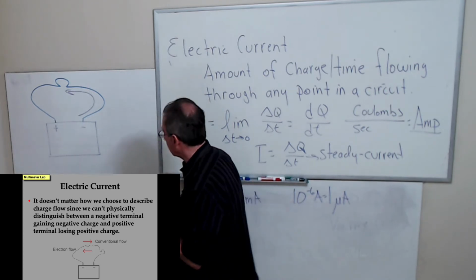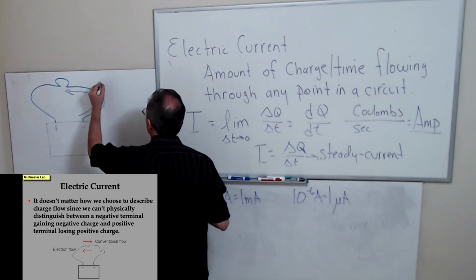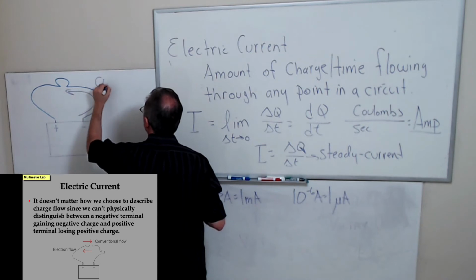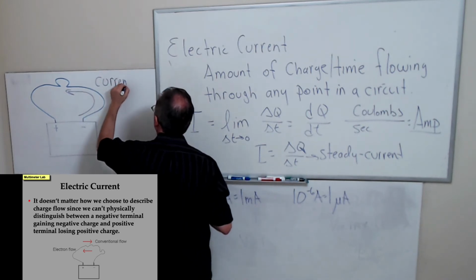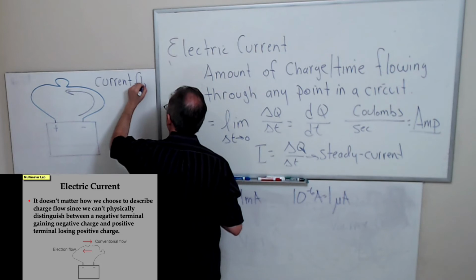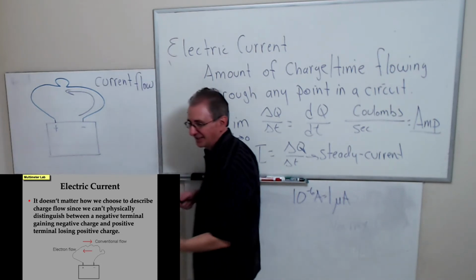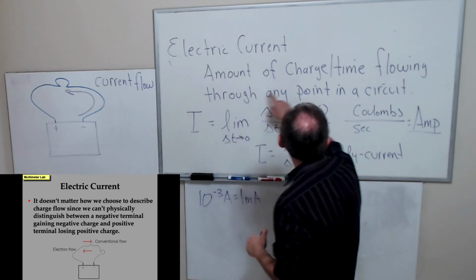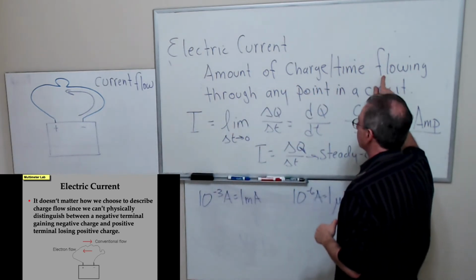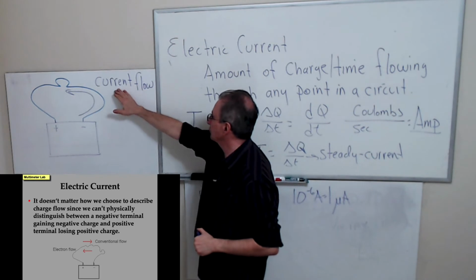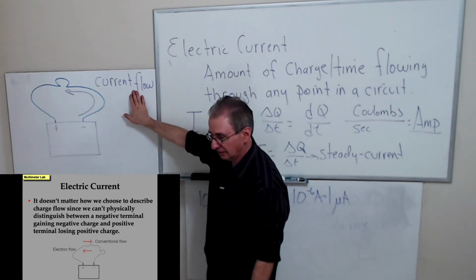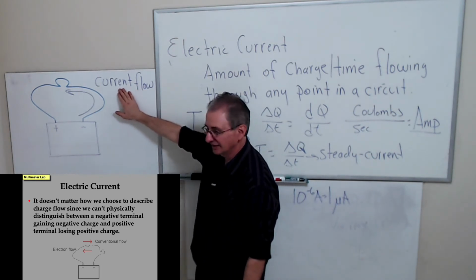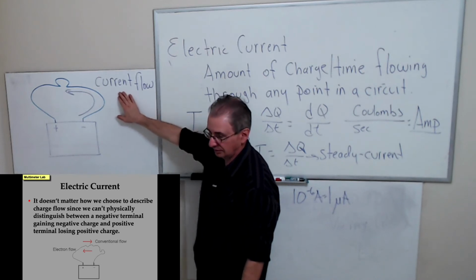Now I want to say a word about this terminology, current flow. Your textbook makes a point of this. Now what's current? Current is charge flowing. So current represents charge flow. So what does current flow represent? And so your book says saying this is redundant.